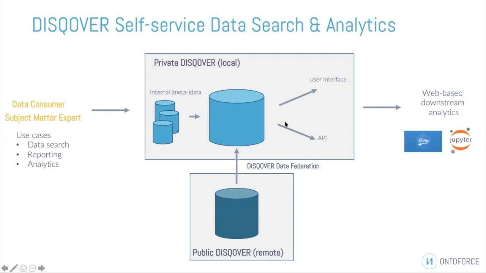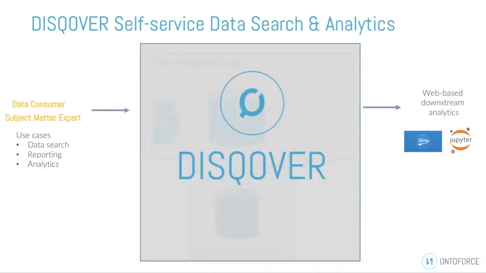Could be on the platform, because we have a number of visualization tools and analytics tools available in DISQOVER, or it could be via links to downstream applications. Examples here are Shiny or Jupyter, but it could also be proprietary, licensed software that you would like to link to. So the end user is not exposed to all these details about the architecture.